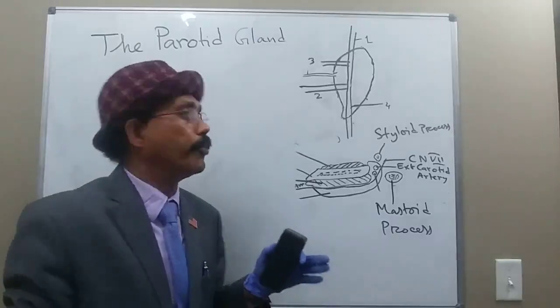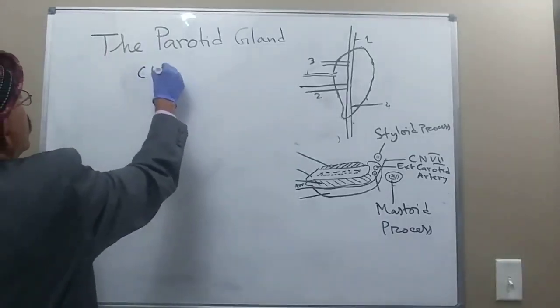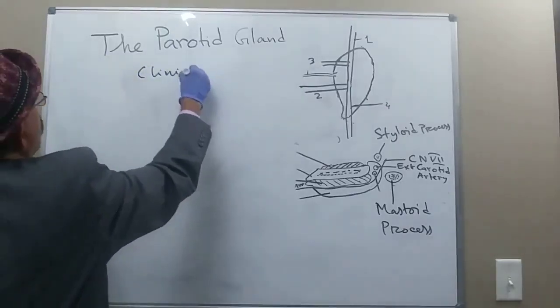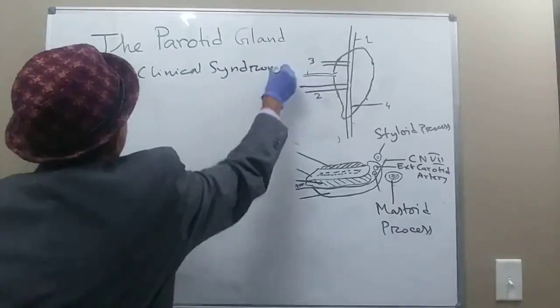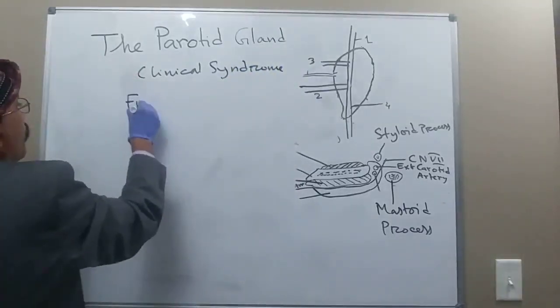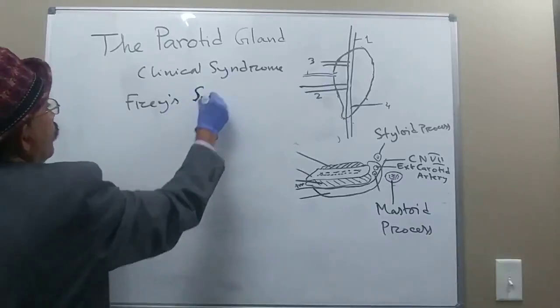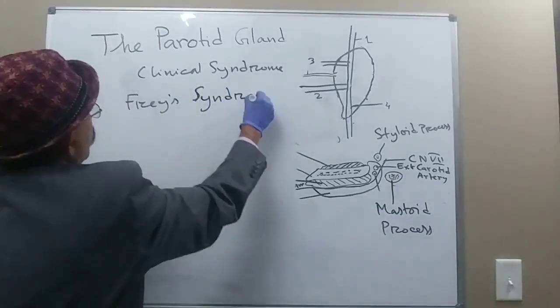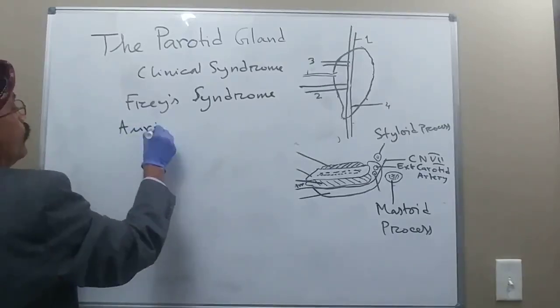But we have to give emphasis to another important clinical condition, a syndrome called Frey's syndrome, also called auriculotemporal nerve syndrome.